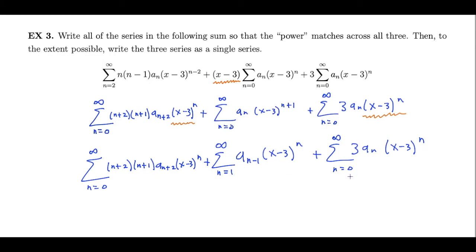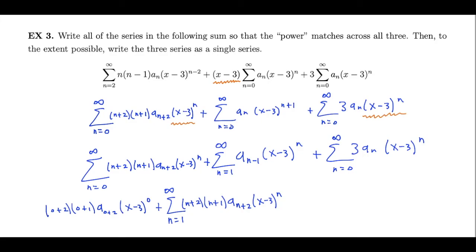There's a couple ways to account for this. I think the easiest way is to simply figure out what those extra terms are and peel them off outside of this full sum and then write the remaining terms of the sum. Let me show you what I mean. I'm going to write the n equals 0 term from this sum all by itself. And then I'll write the remaining terms from n equals 1 on to infinity in this standard sum or sigma notation.